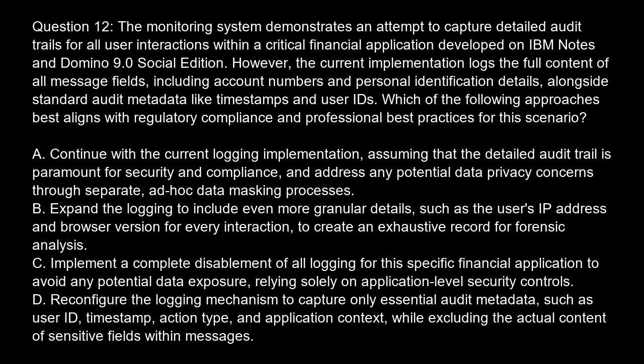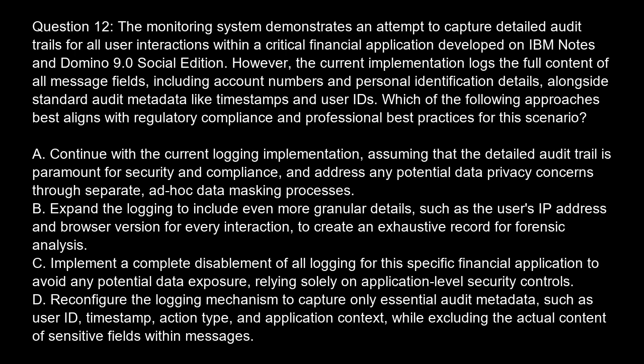Option A. Continue with the current logging implementation, assuming that the detailed audit trail is paramount for security and compliance, and address any potential data privacy concerns through separate, ad hoc data masking processes. Option B. Expand the logging to include even more granular details, such as the user's IP address and browser version for every interaction, to create an exhaustive record for forensic analysis.